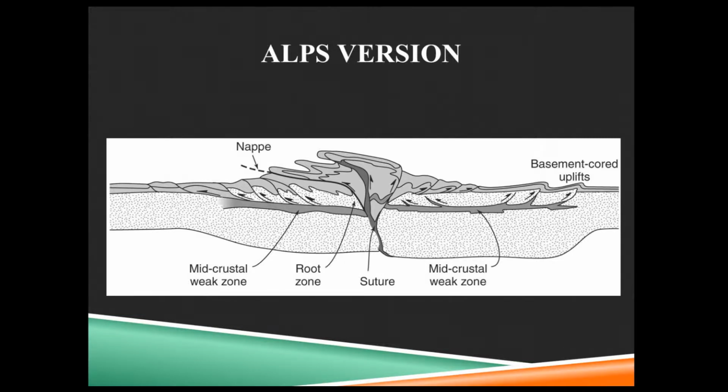So you can see here the thrust faults and reverse faults, the folds, the suture zone, and this nappe, sections of crust that have been weakened, detachment zones, a lot going on in the Alps.